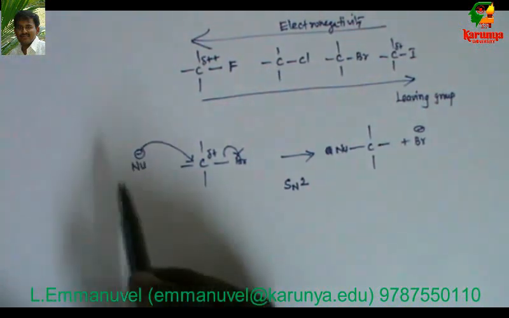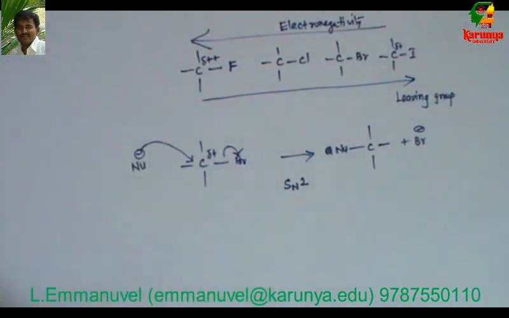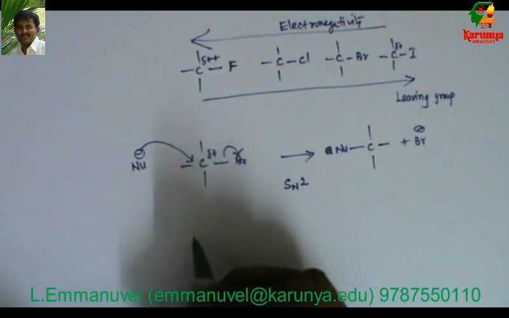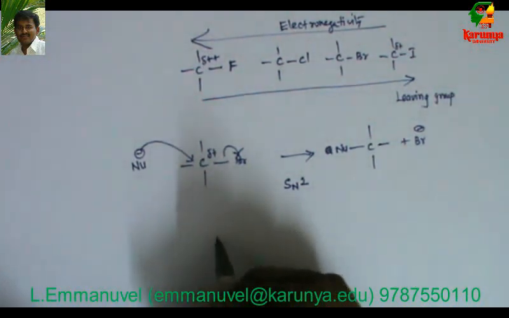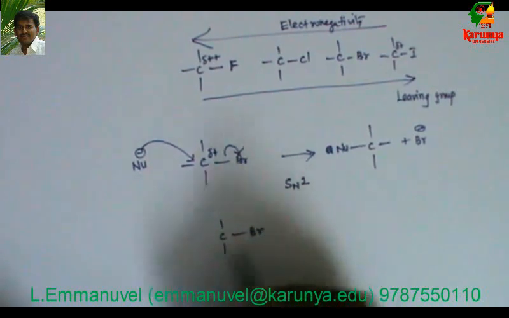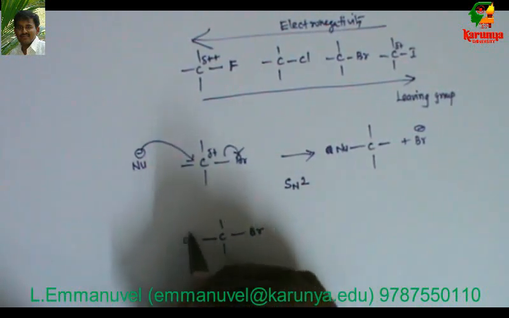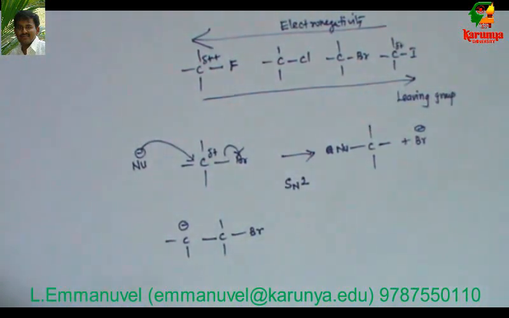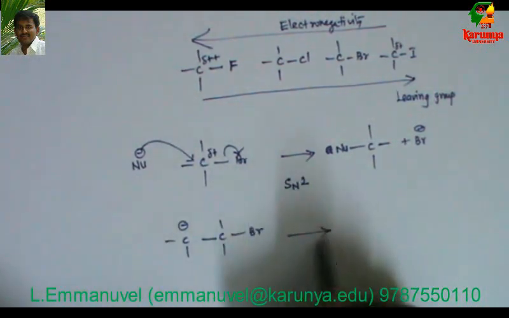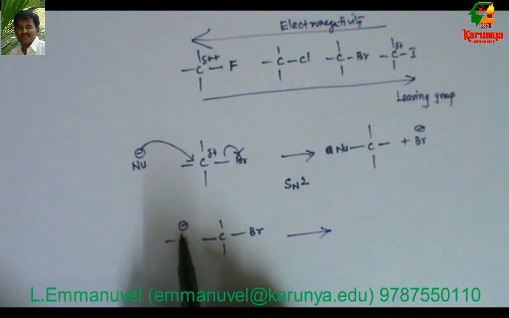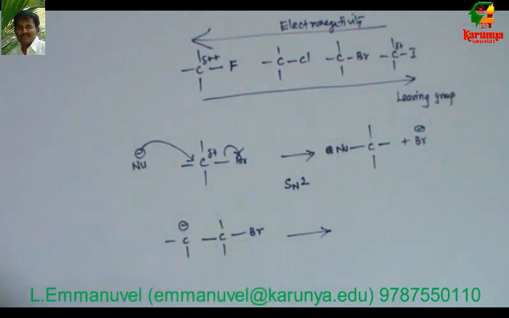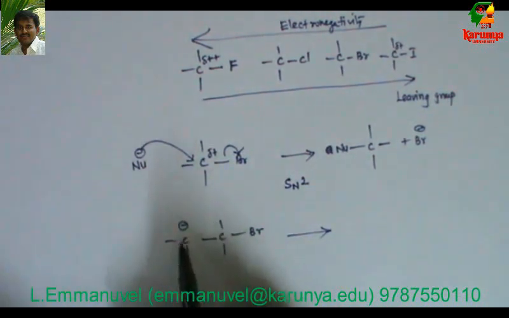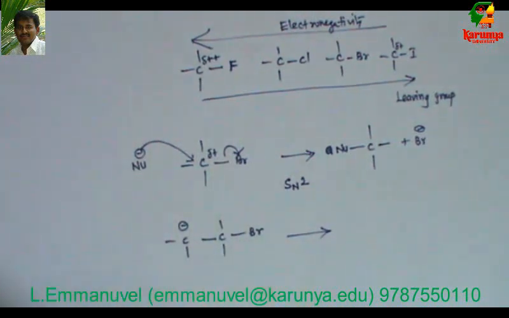What about if the nucleophile is within the molecule? For example, I go for this. So in this, the minus charge, that is the nucleophile, is within the molecule. So it is in the second position of the halogen.